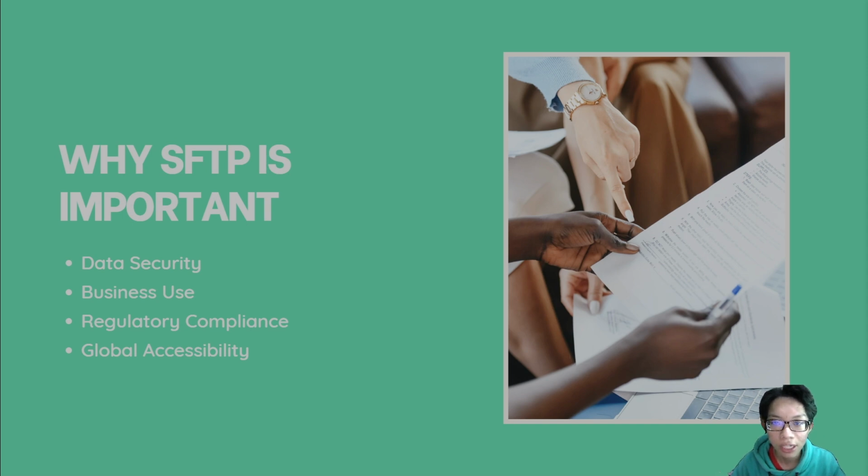And next is regulatory compliance. Meet data protection standards like GDPR, HIPAA, and PCI DSS, ensuring organizations stay compliant. The last is global accessibility. It facilitates secure file transfer between different locations and systems globally.